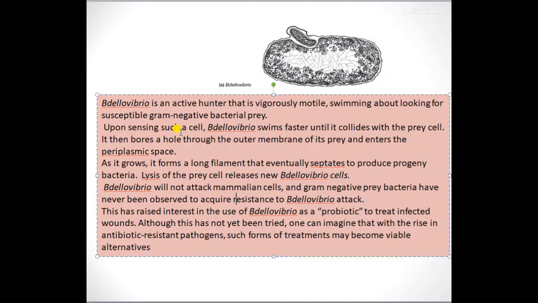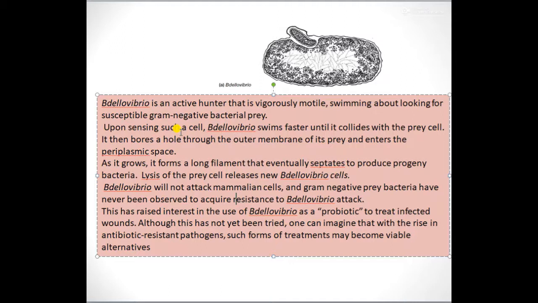Once it enters the periplasmic space, it will start producing long filament-like structures that will eventually septate, or break, to produce the progeny bacteria, and the lysis of the prey will release the new Bdellovibrio. When it is feeding on the gram-negative bacteria, it will utilize the cytoplasmic ingredients of the prey, and it will survive over the organism.